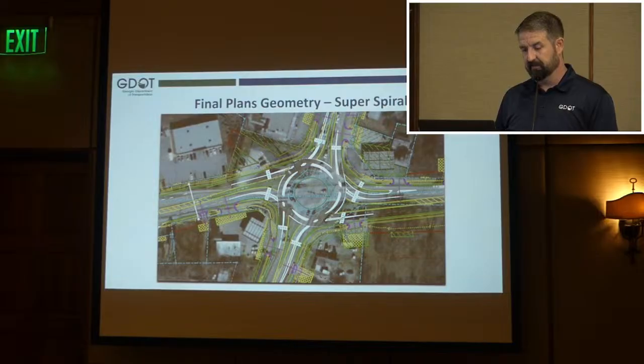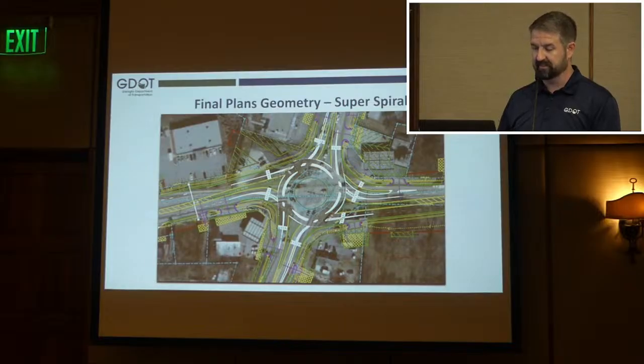But you do have the raised elements on the entry, so you kind of flatten these entries a little bit and maintain speed control, because this is the raised element right here. If you were in this lane without this, you could just cut across here and enter the roundabout at substantially higher speeds. So that helped greatly with both crossing distances and entry speeds, just by introducing those raised elements.